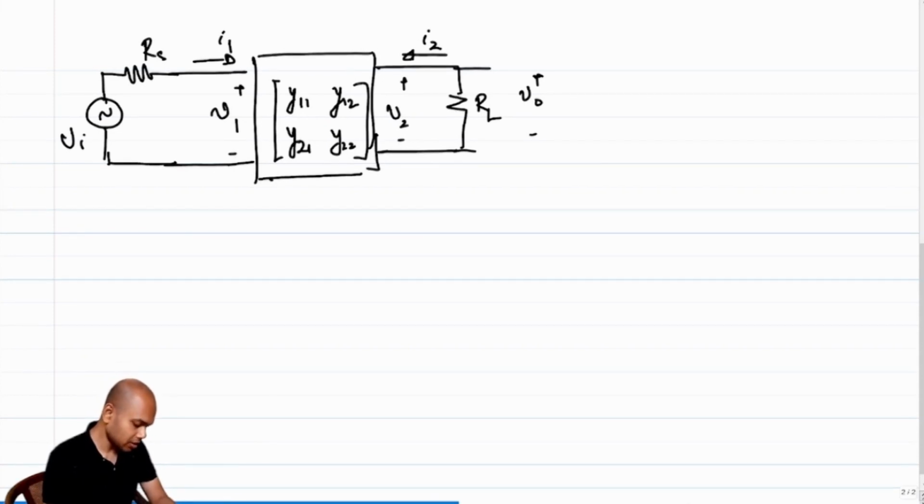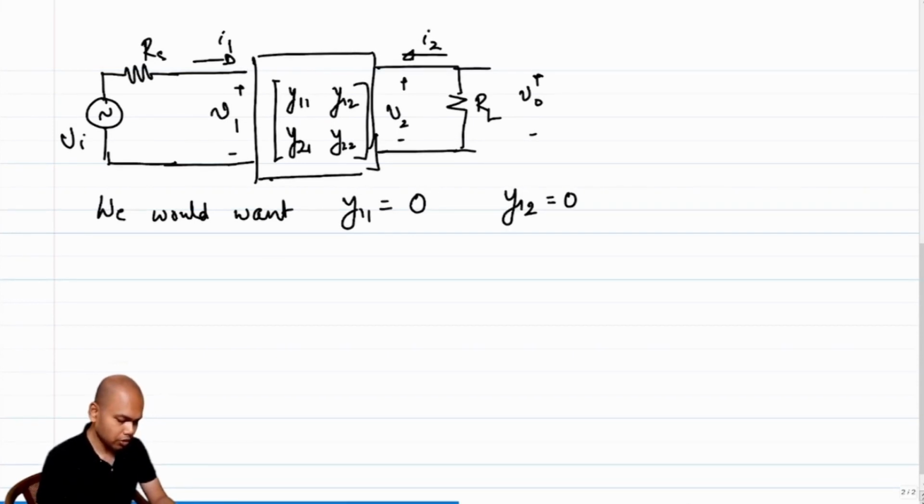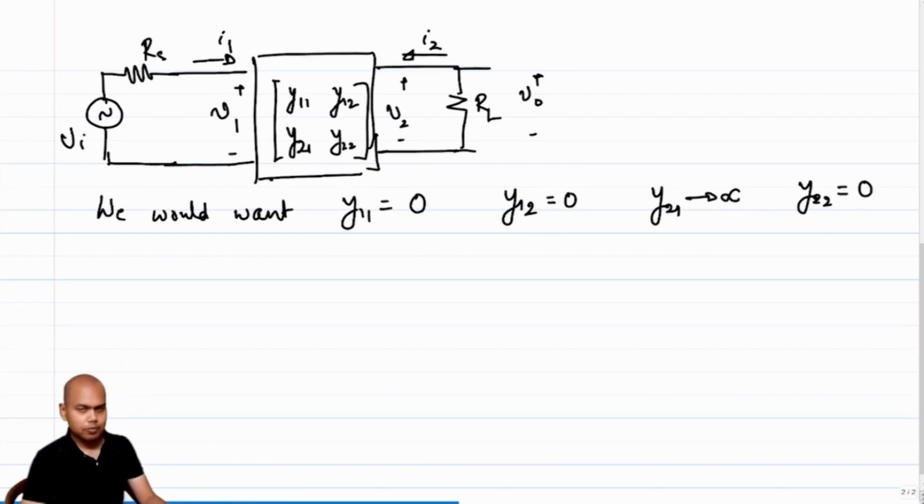The wish list was, we would want y11 to be equal to 0, y12 to be equal to 0, y21 should be as high as possible, and also y22 should be 0.